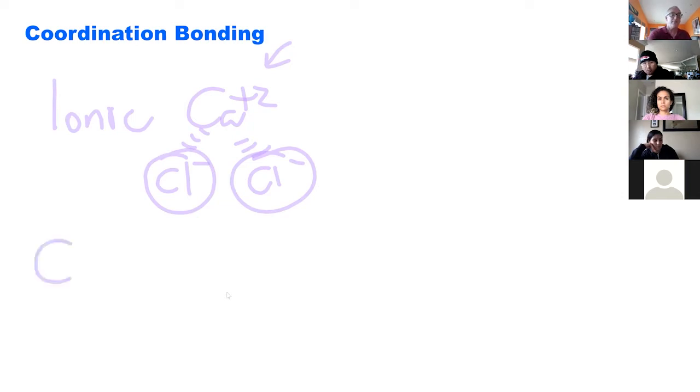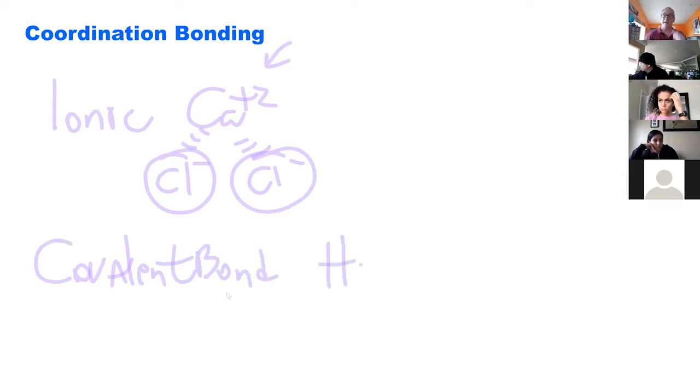A covalent bond that we've learned about so far is when one atom brings an unpaired electron to another atom with an unpaired electron, and then they share those two unpaired electrons. And we call that a covalent bond.